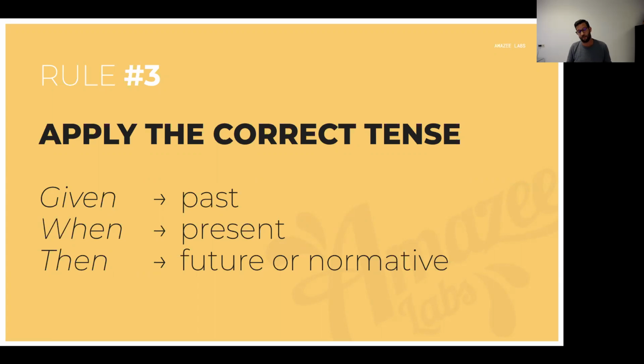So given steps should always be written in the past. When steps should be written in the present, so what the user does right now. And the then steps should be written either in future or normative tense. So either something that is going to happen or something that should happen.